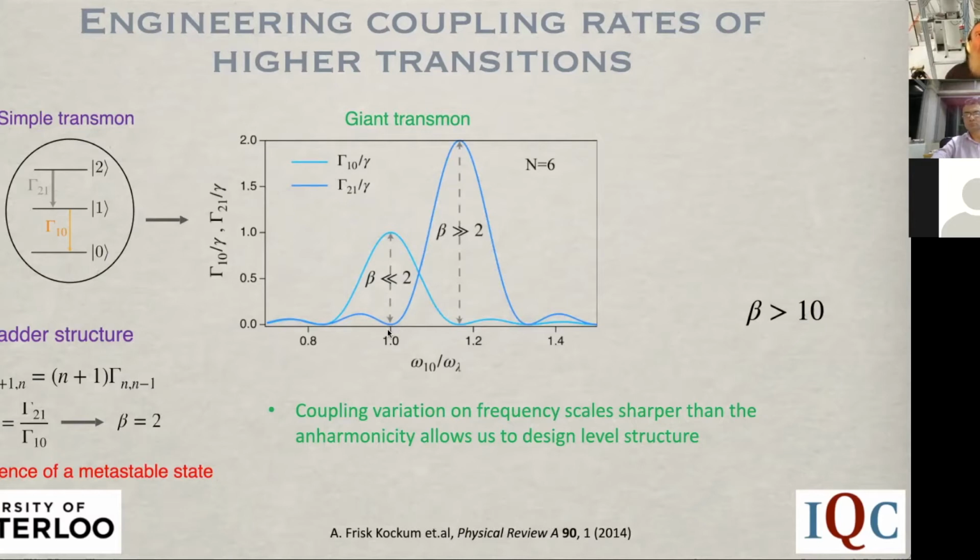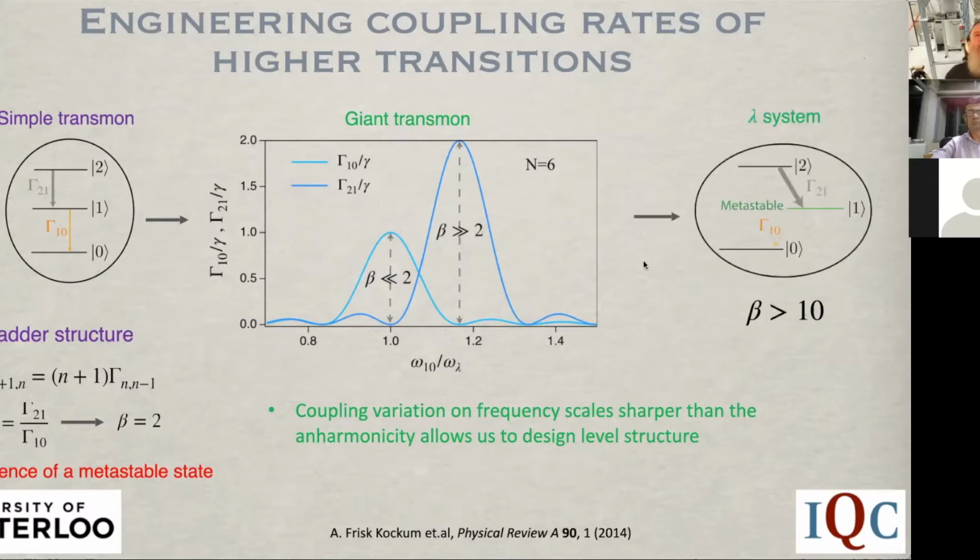So I can suppress the coupling of the 2-1 while enhancing the coupling of the 1-0. Here I could make a beta which is very much less than the standard 2, or I can do the opposite. I can decouple, or strongly couple, the 2-1 transition and decouple the 1-0 transition, and I can make beta much greater than 2.